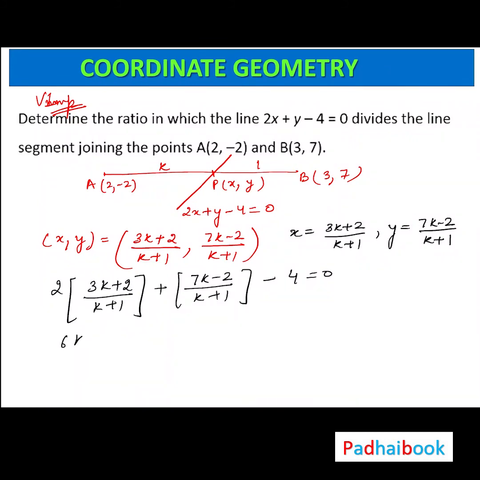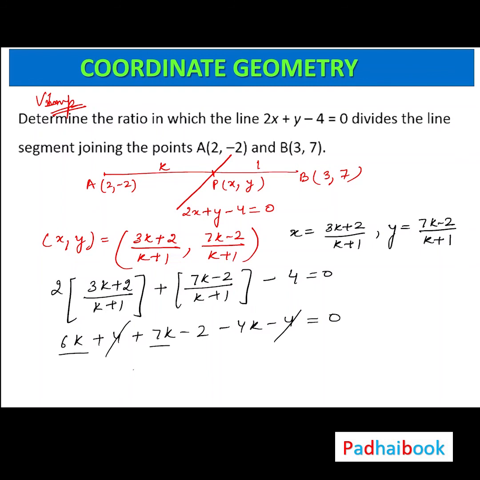So here I get 6k + 4 + 7k - 2 - 4k - 4 equal to 0. So 6k + 7k is 13k, minus 4k, and the constants 4 - 2 - 4.